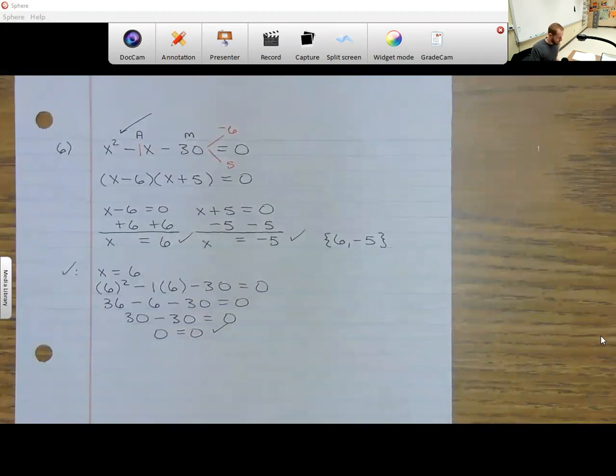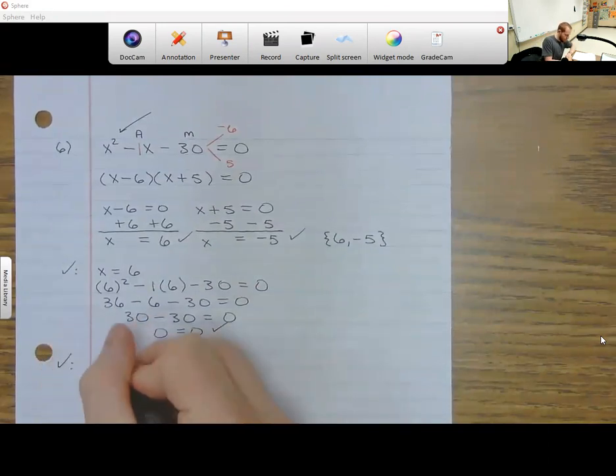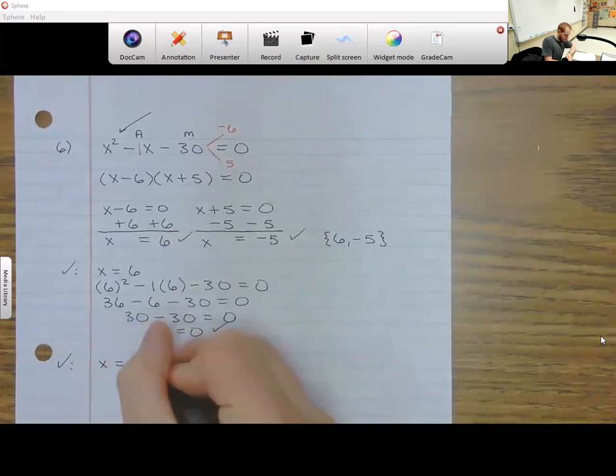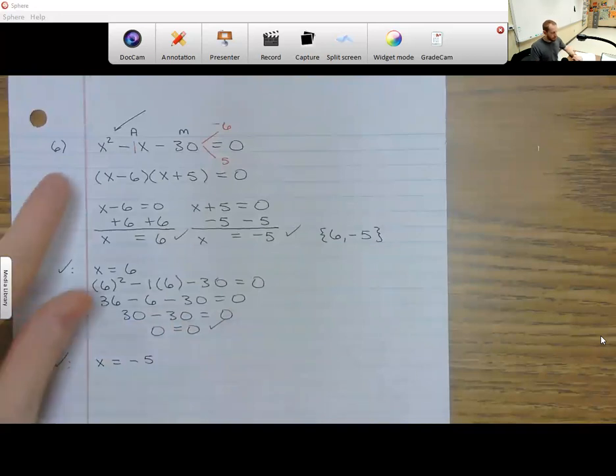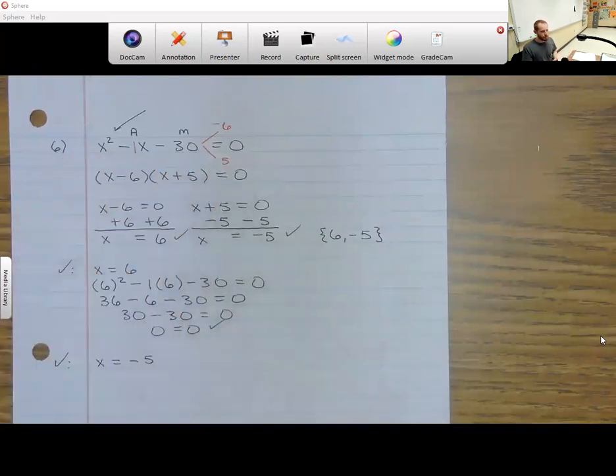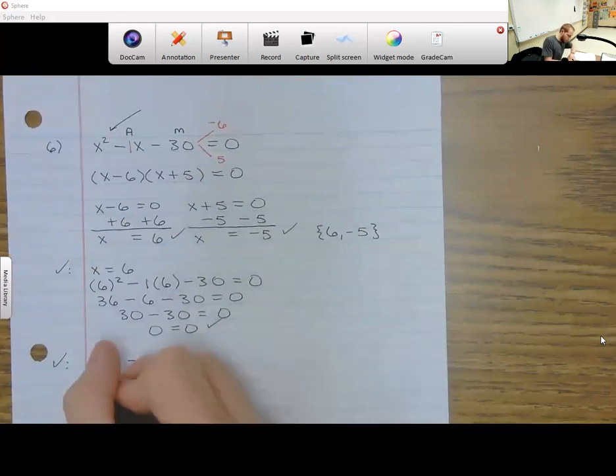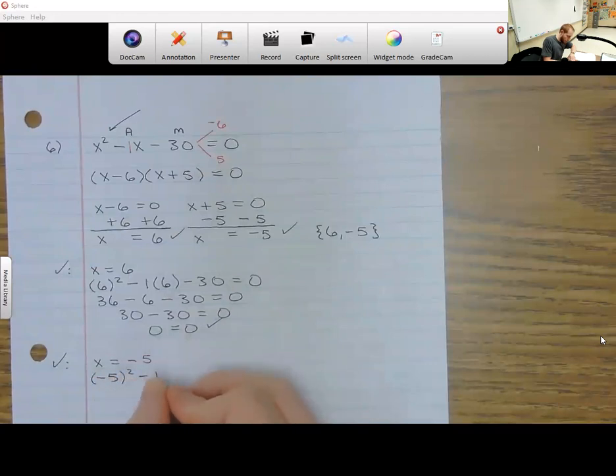And then the last one I'm going to check is the negative 5. So let's do that next. x is equal to negative 5. So everywhere I see an x up here, I'm going to replace it with a negative 5 and see what happens. So we got that negative 5 squared minus 1 times negative 5 minus 30 should equal 0.